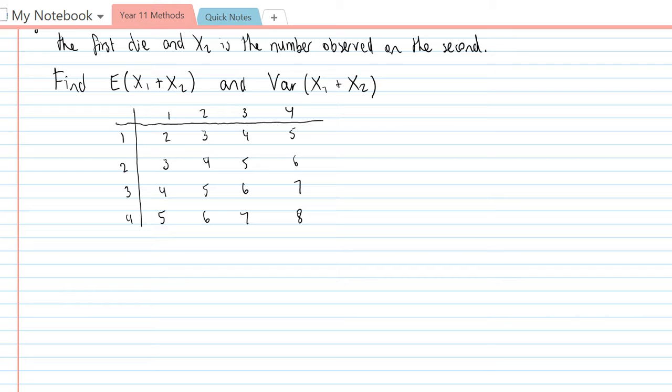So I can create a probability distribution table here. So if I go x1 plus x2, and their associated probabilities. So to write this, I'm just going to call this X, and so I can say then the probability that X equals x.